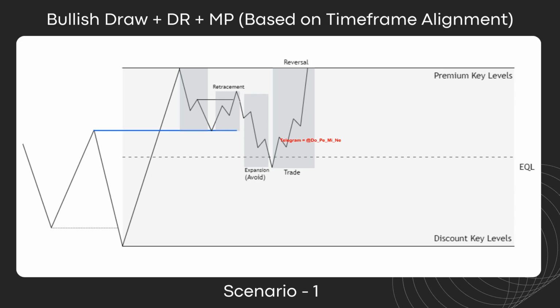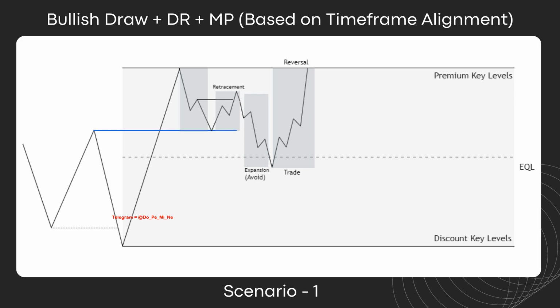So when you see that price has offered this movement, you're going to regard that movement as a retracement instead of a reversal, and you'd know that the most likely scenario is for price to go over that retracement and expand lower again before it could move higher, because price still has yet to test a discount key level, right? You're going to be cautious about that. So you should keep this in mind.